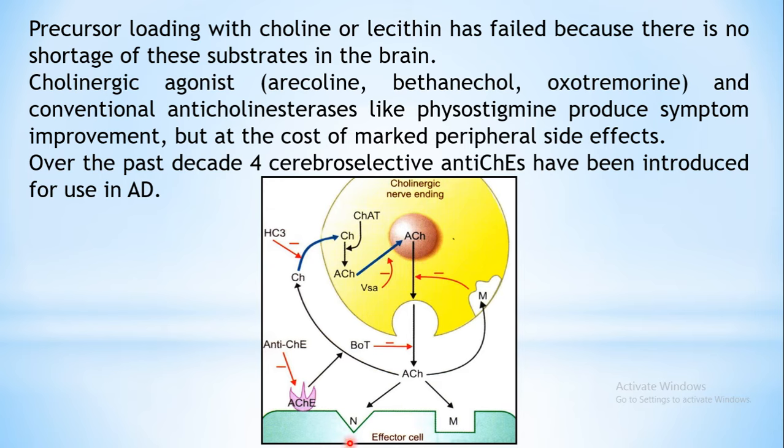It may go and bind to its effector organs, or it may go and stimulate the next neuron, so the signal will get transmitted. So this ACH which is released is responsible for the normal functioning, the physiological role ACH plays in your brain.